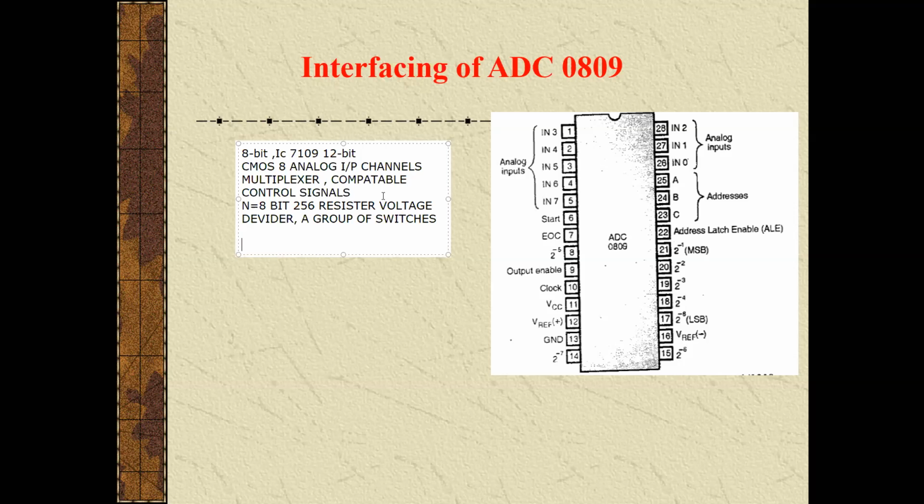The analog input channel can be selected using 3 address lines A, B, C. At a time only one input is connected to the output, and the output is in the form of 8-bit digital output.